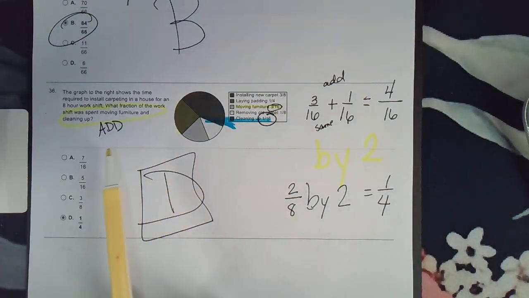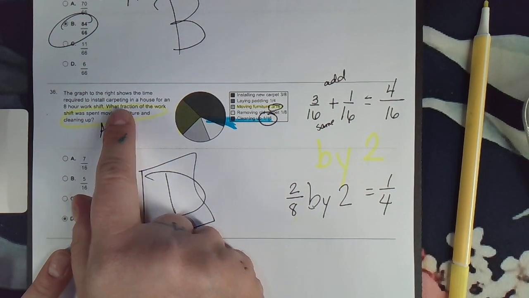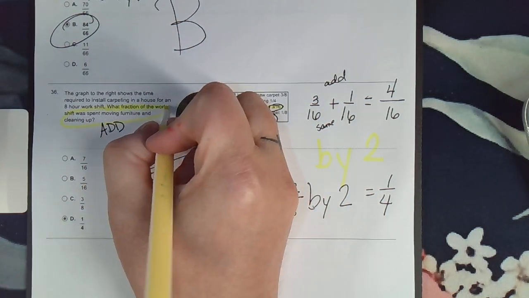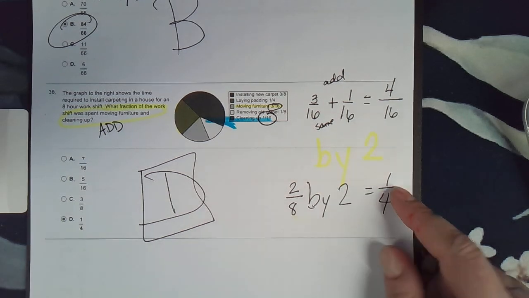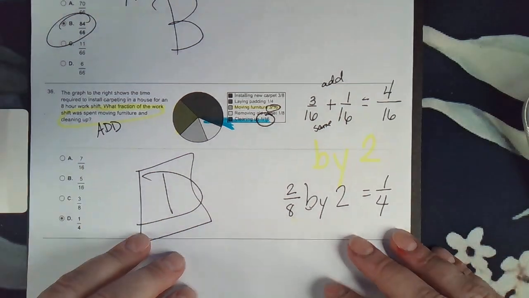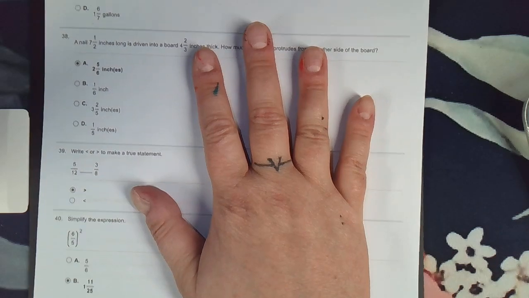On this problem, it says what fraction of the work. So since it says fraction, we don't actually have to multiply that 1/4 by 8. Woohoo! Because it says what fraction. So keep your answer as a fraction. Okay, let's look at 37.